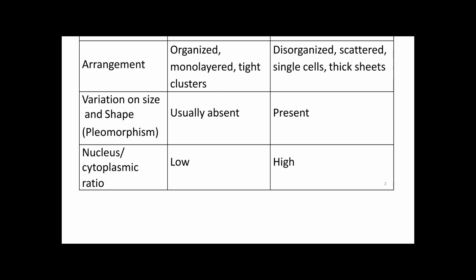From immature to mature, the nucleus size is decreased, but the cytoplasm size is increased. So the NC ratio is lower in normal cells, but in abnormal conditions, what happened? Most commonly we can see immature cells. So the NC ratio is higher.